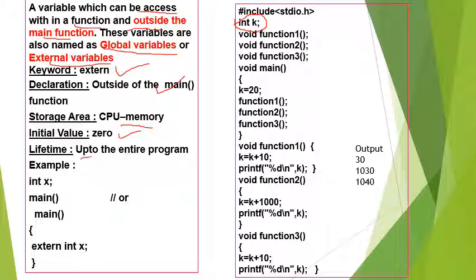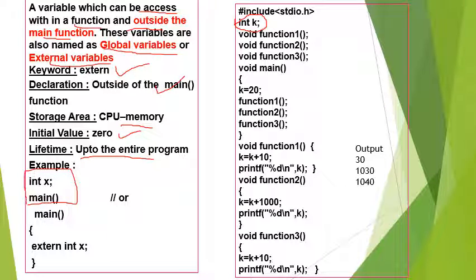And its lifetime will be the entire program. I have already told that its lifetime will be the entire program because it is declared as global. So it can be used anywhere in the program. So its value also will reside in memory while the entire program executes. We can declare it in two ways.